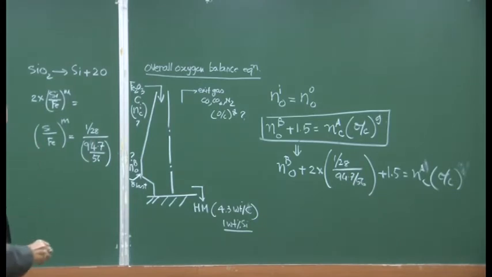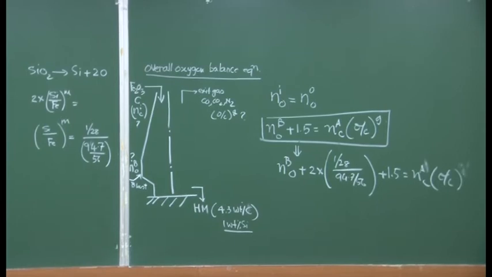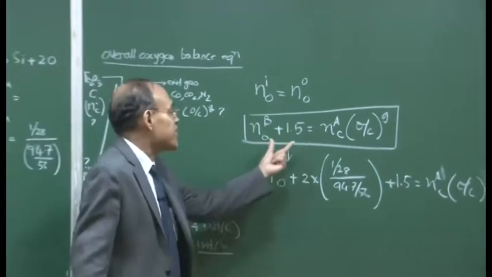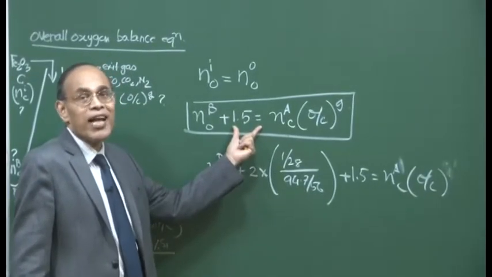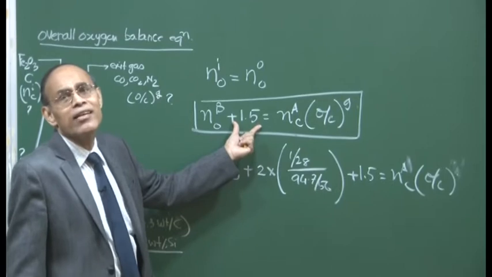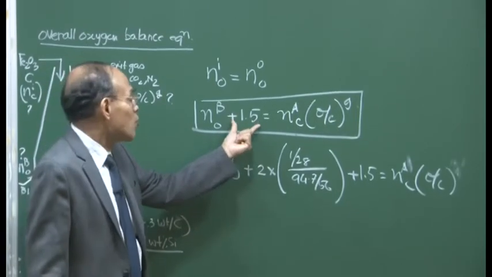Now, let us look at that equation. We will be doing all this. I just wanted to demonstrate that I have written an equation for an idealized condition of blast furnace, no impurity, etc. If you have impurity, then this is how the equation will look.